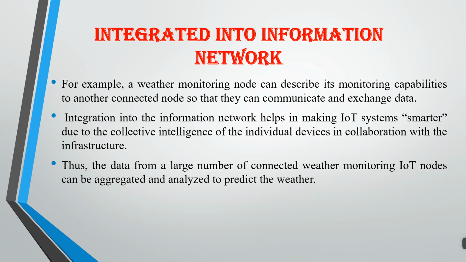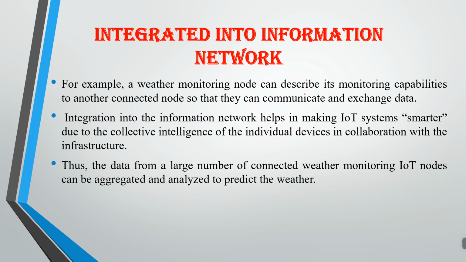Thus, the data from the large number of connected weather monitoring IoT nodes can be aggregated and analyzed to predict the weather. See, this is what is happening. Prediction of the weather is not a simple task. It requires a collection of data from a large number of connected networks.